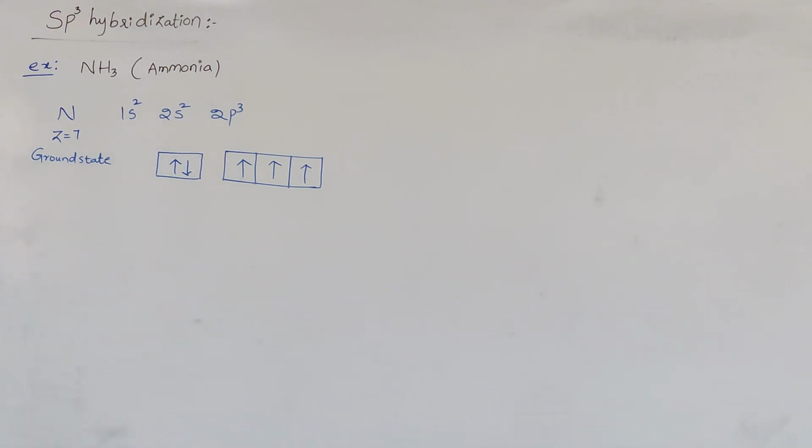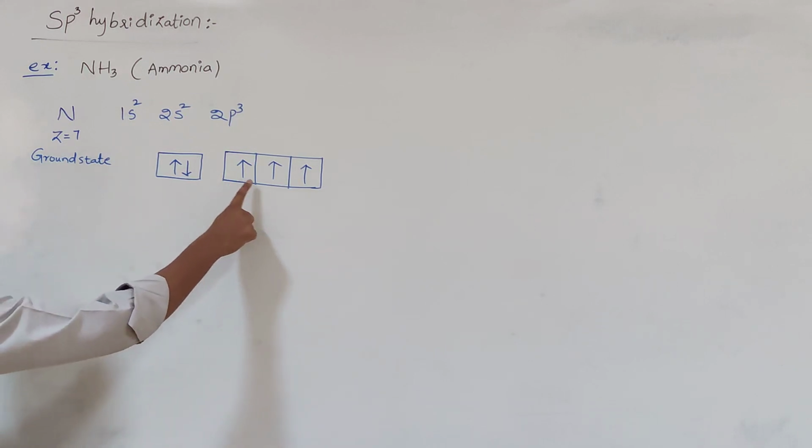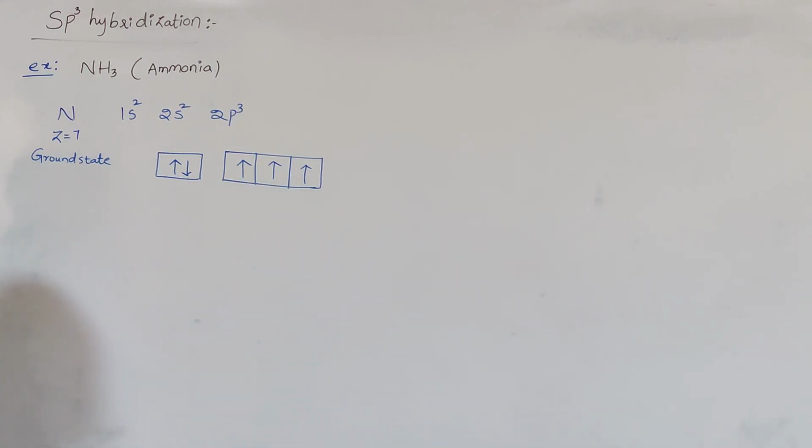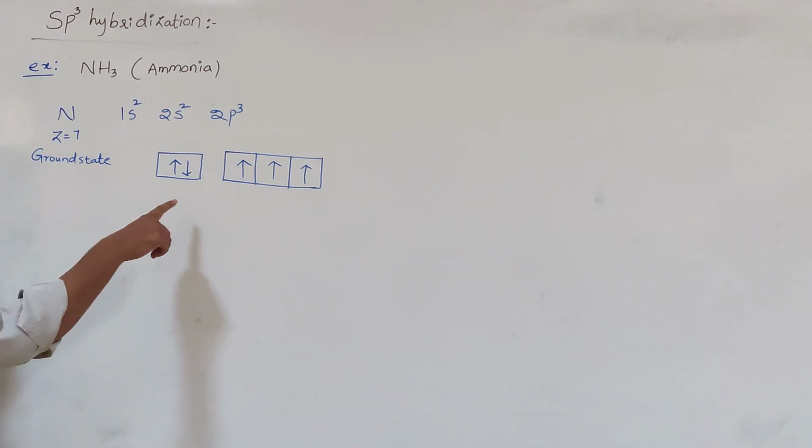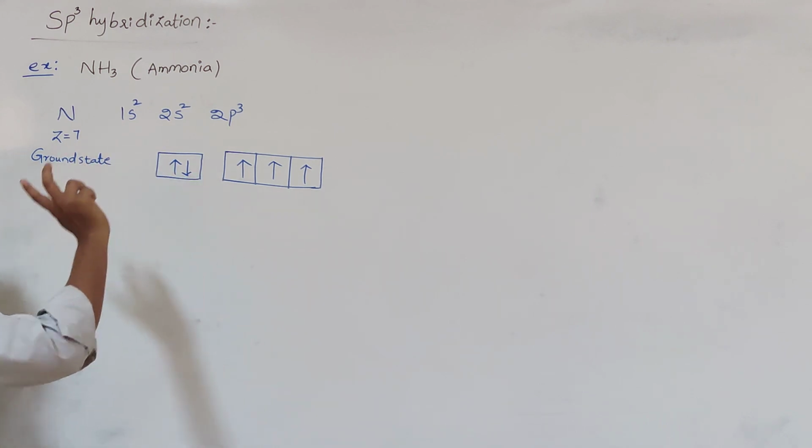In the case of nitrogen, we know very well that nitrogen can form only 3 covalent bonds. For the formation of the 3 covalent bonds around nitrogen, 3 half-filled atomic orbitals are needed. In the ground state electronic configuration, the 3 orbitals are half-filled, so there is no need to promote electrons like in the carbon atom. The promotion is not needed.